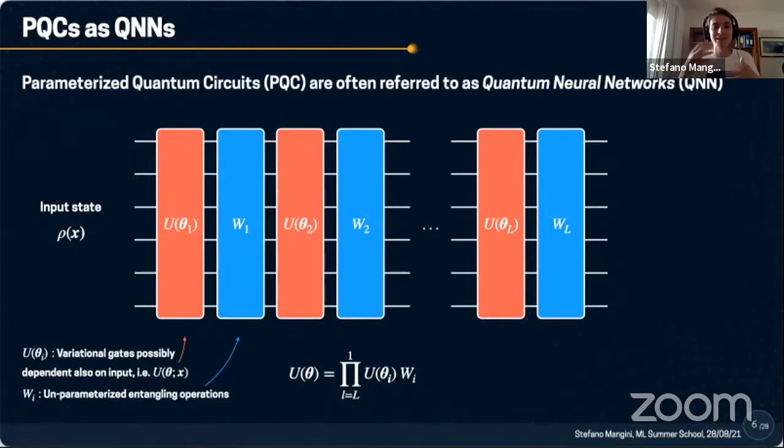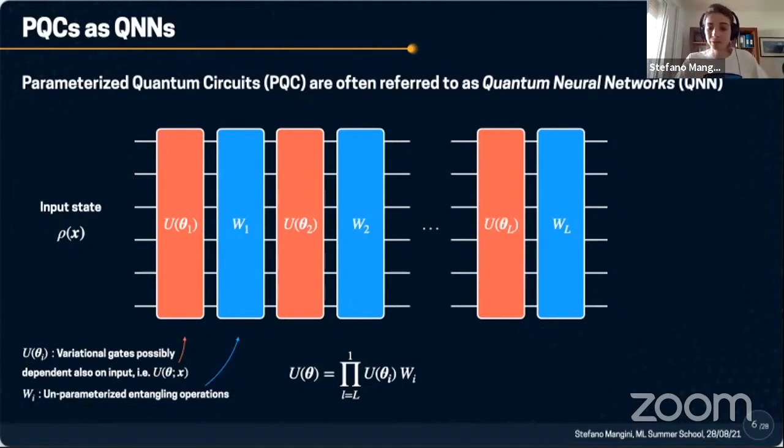This resembles the standard classical artificial neural network. And then you also have these blue boxes, which are generally fixed gates, which pump entanglement inside the circuit. So you have, for example, CNOT gates, two-qubit entangling gates, which are fixed. By repeating this structure for a given number of layers, this small L, you obtain your quantum neural network.